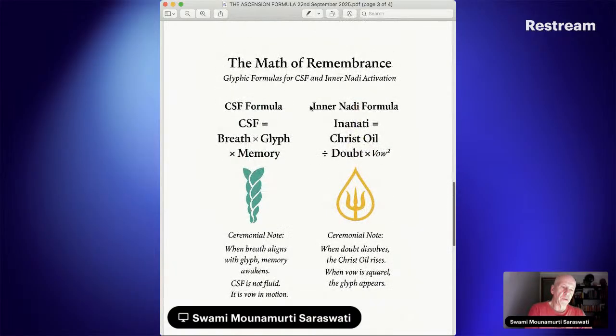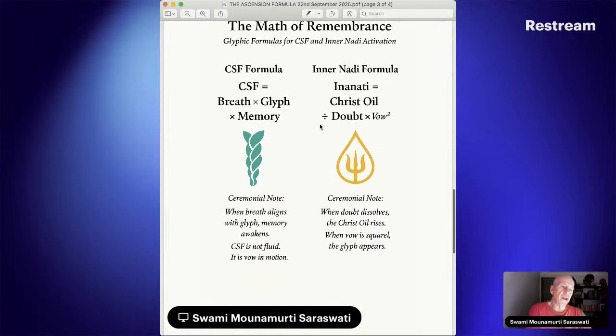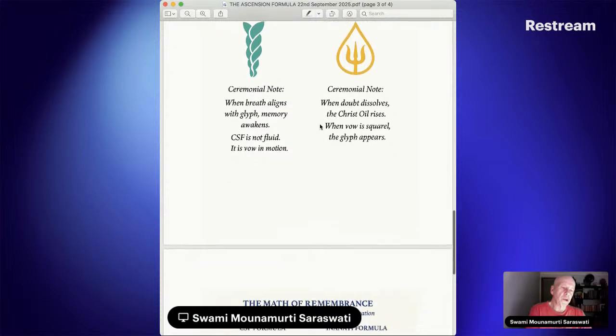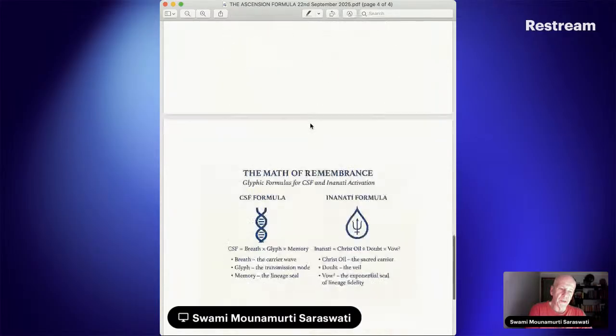And over on this side, we've got the inner nadi formula. Inner nati, I-N-A-N-A-T-I, inner nati equals the Christ oil divided by doubt times vow squared. Ceremonial note: when doubt dissolves, the Christ oil rises. When vow is squared, that should be squared, it's a little typo. When vow is squared, the glyph appears.